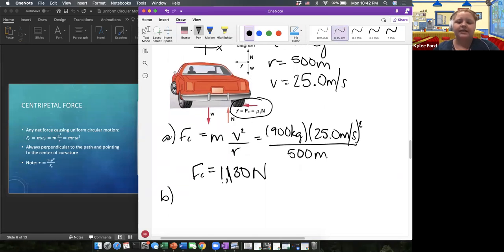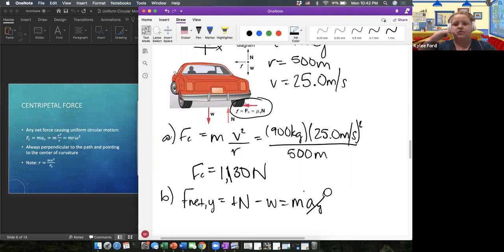In my Y direction, the only forces are my normal force and my weight. So looking at my diagram, I'm going to say my F net in the Y direction is going to be my positive normal force minus my weight. And that's going to equal some mass times acceleration, right? But my acceleration in my Y direction is actually 0 since it's not moving up or down.